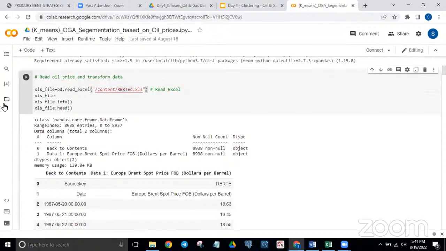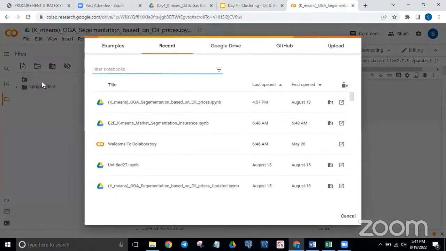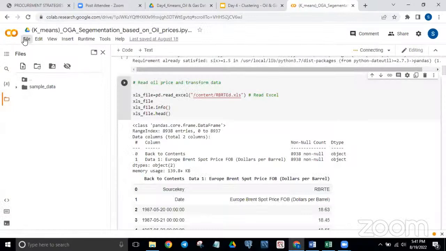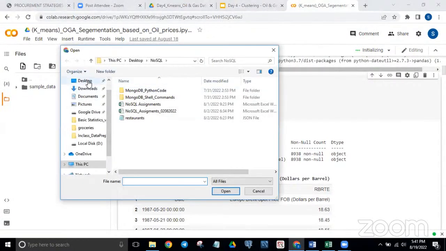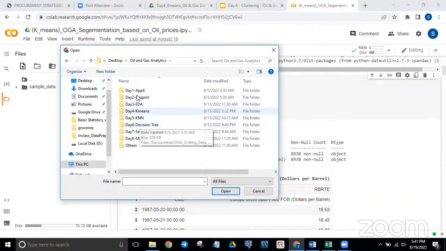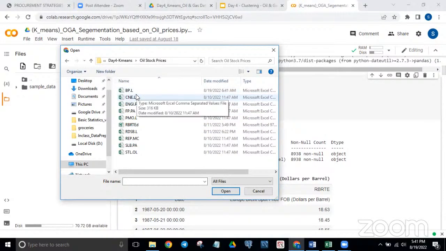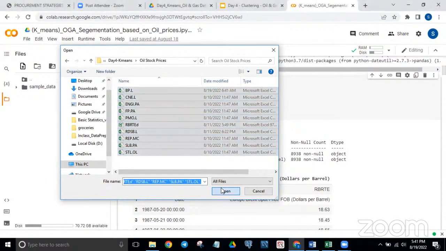When we look into the data here, we can upload the data. Let me upload the data here. So here I have all the files. I am going to select all the files and open.